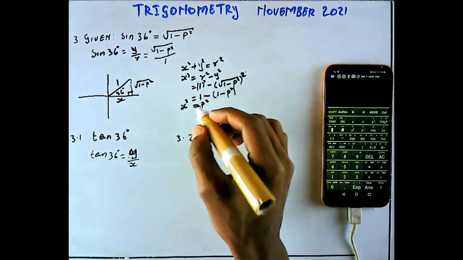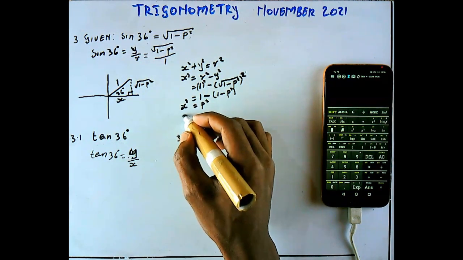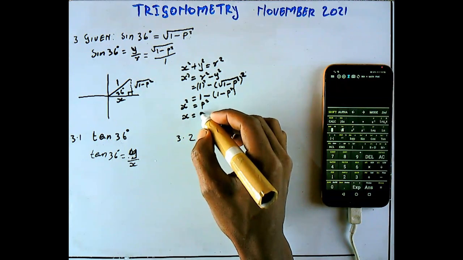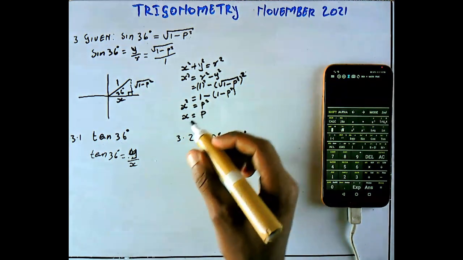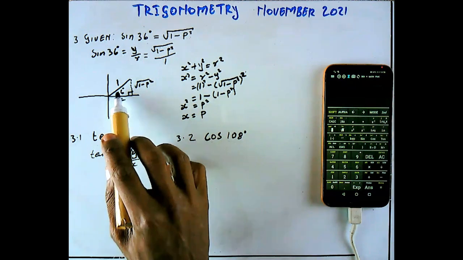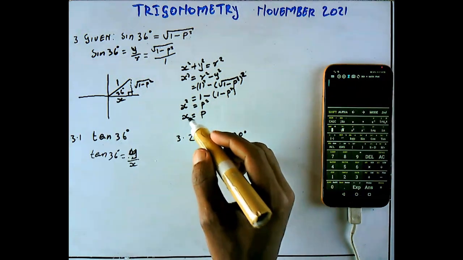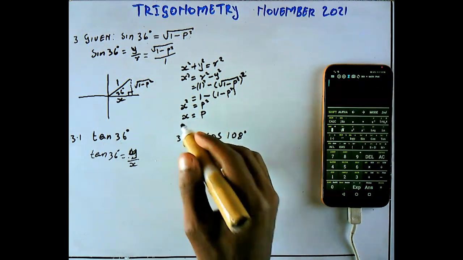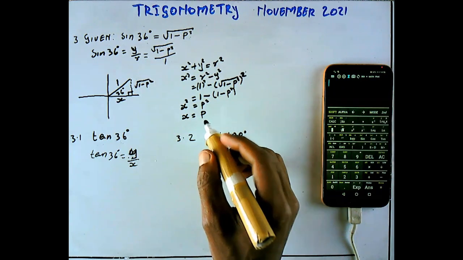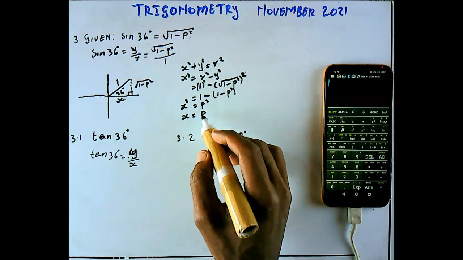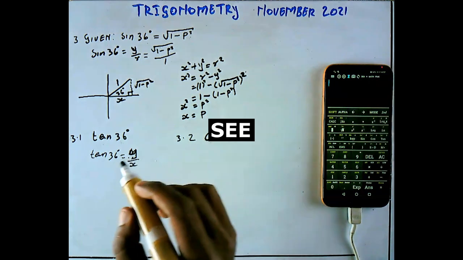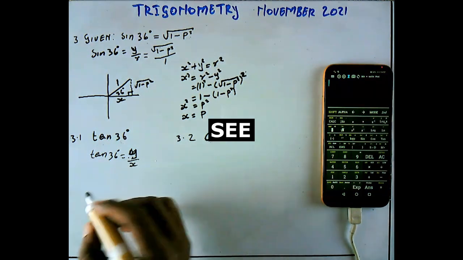And then if we take the square root, x equals p. It's positive p because it's in the first quadrant. You can't say negative, but plus or minus, x equals p. So now we've got the value of x, and then now we can calculate tan 36.